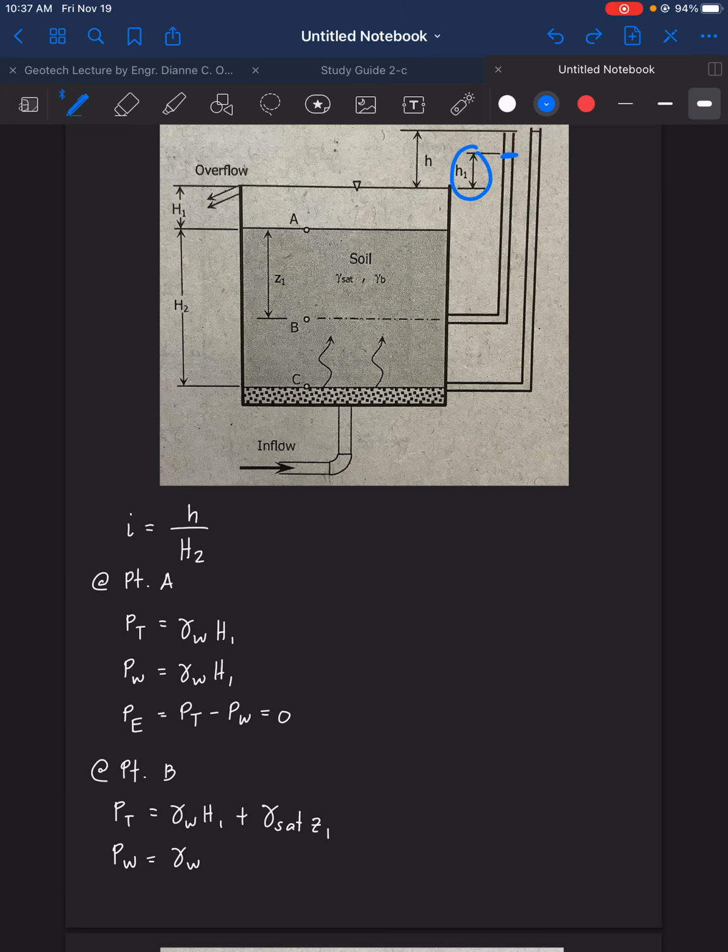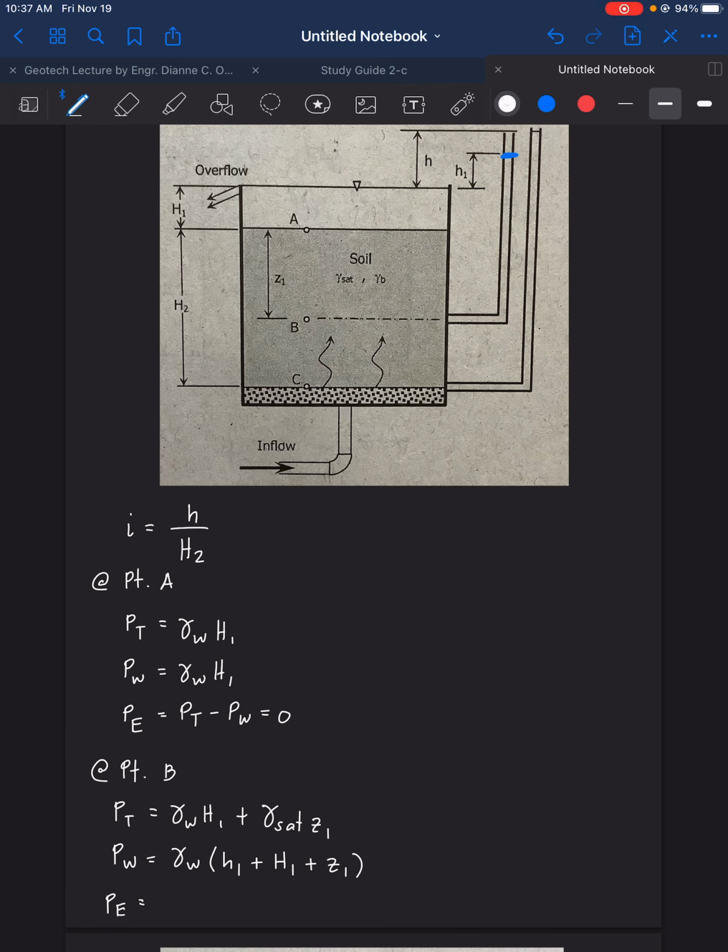So that's the total H for the water of point B. Okay? So we have there small h sub 1, plus the big H sub 1, plus Z sub 1. So that's for the PW of point B.